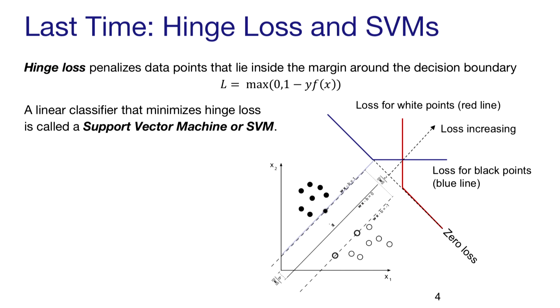So last time we also talked about hinge loss, which is the basis of a support vector machine. And here's the graphic again that we had last time. There's a blue curve which represents the loss for the black points, and the red curve represents the loss for the white points. And the loss starts increasing as soon as a point crosses the margin.